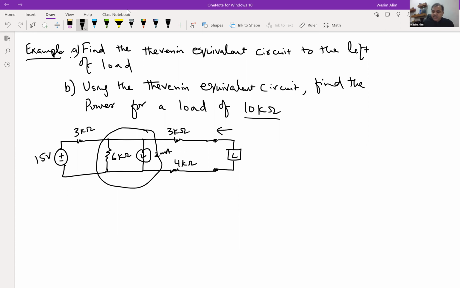Okay, so if we go through this technique here, I still have my 15 volt source connected to the 3 kilo ohm resistor, and this current source can now be converted to a voltage source connected in series with this 6 kilo ohm resistor.